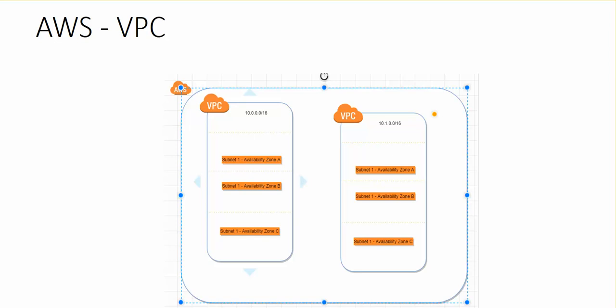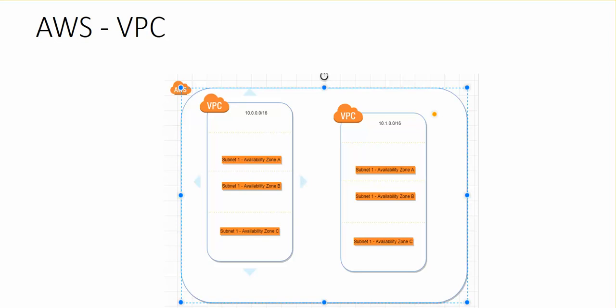A subnet is associated to an availability zone. The scope of the subnet is an availability zone, and the scope of the VPC is the region. In a VPC, we can have multiple subnets, and for each subnet we have to specify the CIDR range, the IP address range, as we did for the VPC, and the CIDR range of the subnet should be within the VPC range.